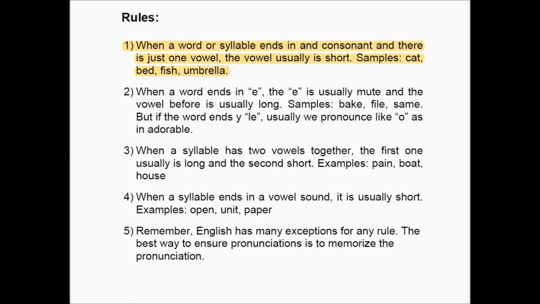When a word or syllable ends in a consonant and there is just one vowel, the vowel usually is short. Examples: kite, bat, fish, umbrella. Let's see the second rule.